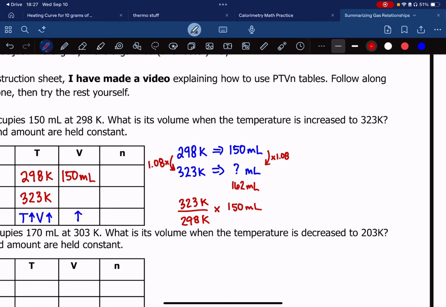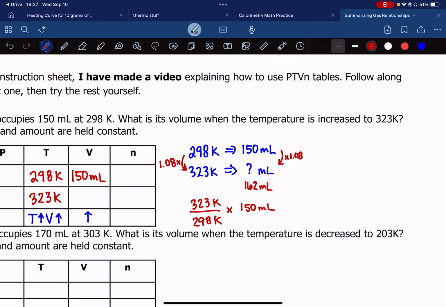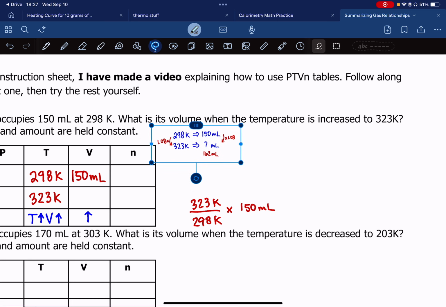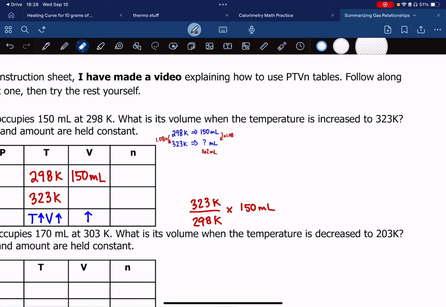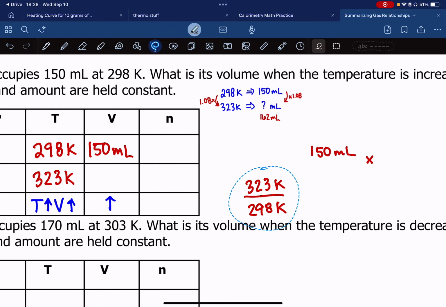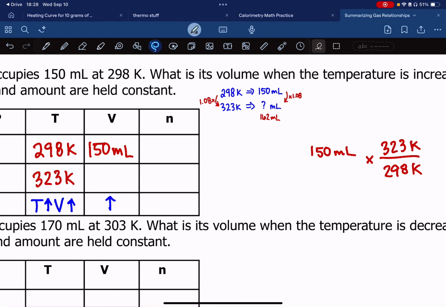All right, I think you guys are really going to like this because I'm about to stop requiring you to do this, at least for gases. We don't have to do that anymore. We have a shorter way to write this, and that's going to be like this. You're going to take the thing that you're starting with, our initial condition of the thing that we're solving for, and we're going to multiply it by a ratio of the variable that's changing.